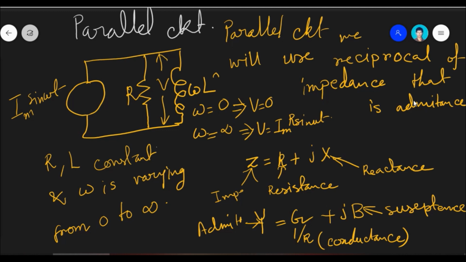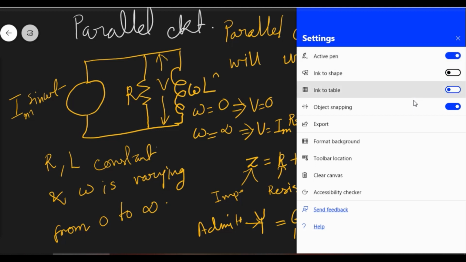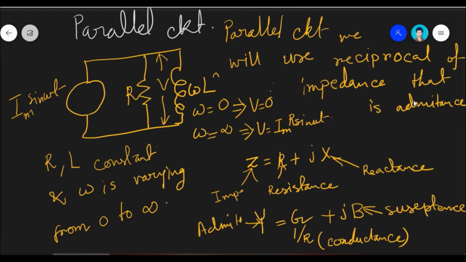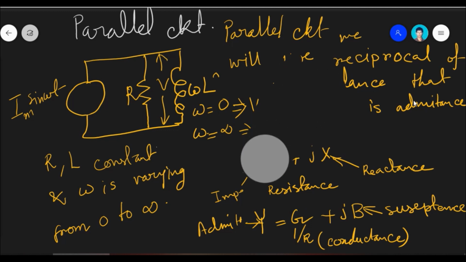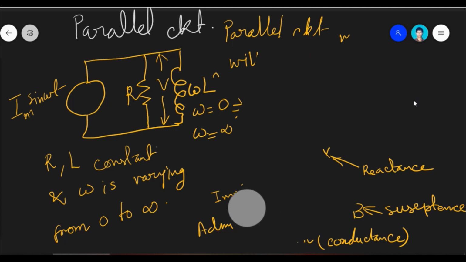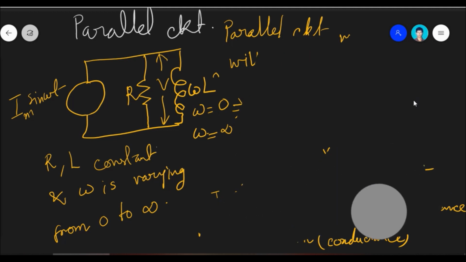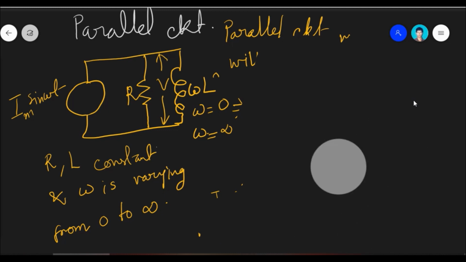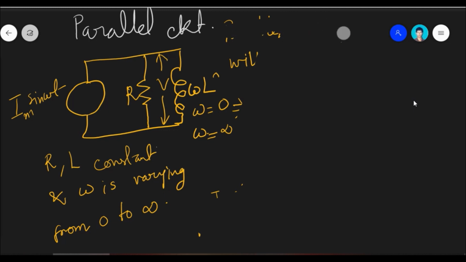So instead of using this whole thing in terms of impedance, we will go for admittance. Why will admittance help us? The idea is very simple.